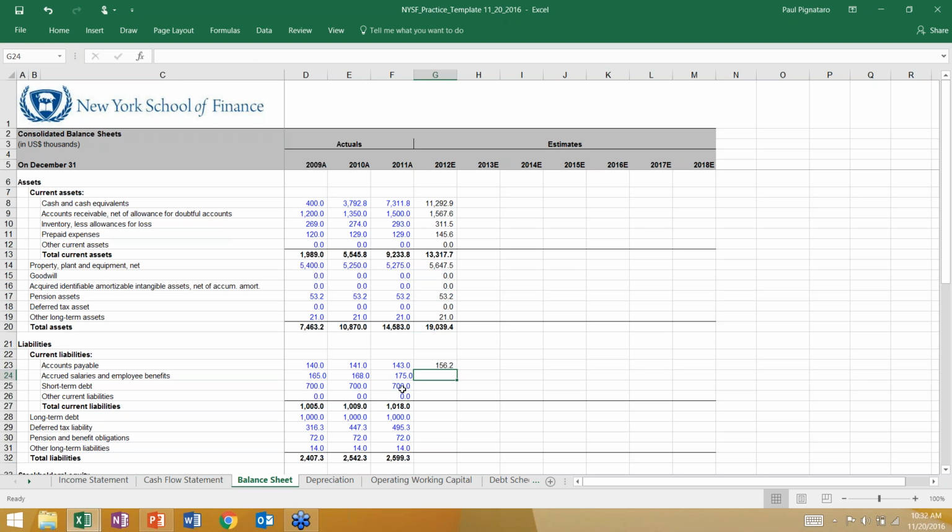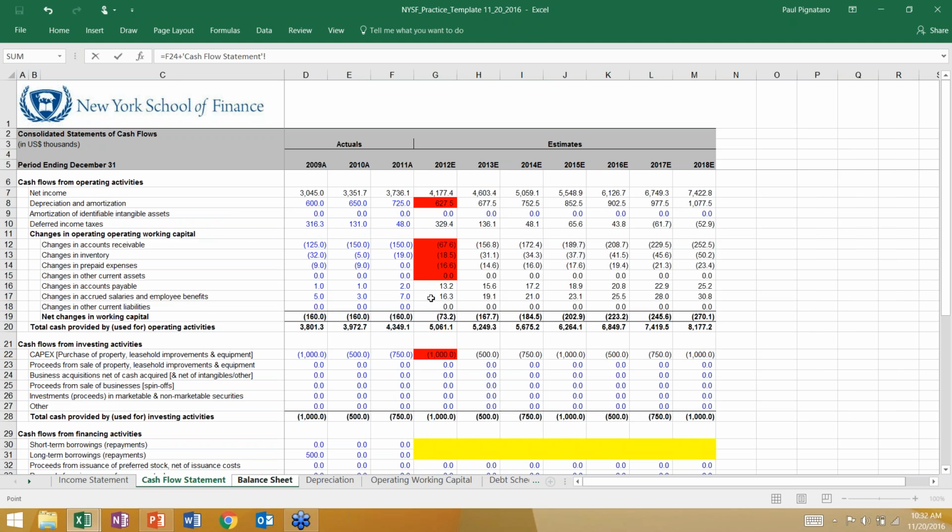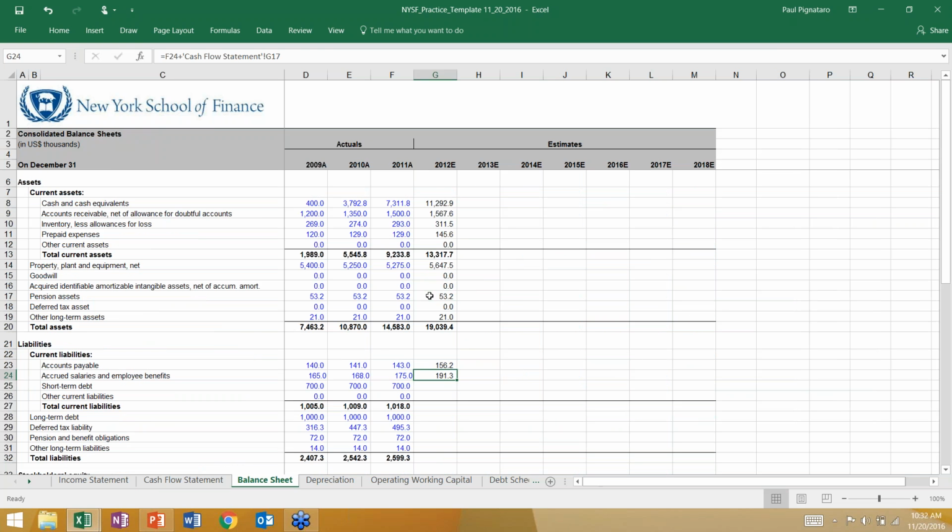Accrued salaries. Accrued salaries is the line item from the year before, plus changes in accrued salaries. So again, getting back to the structure and formula, it's always the term from the year before plus the respective cash flow statement line item, except for assets that are not cash.